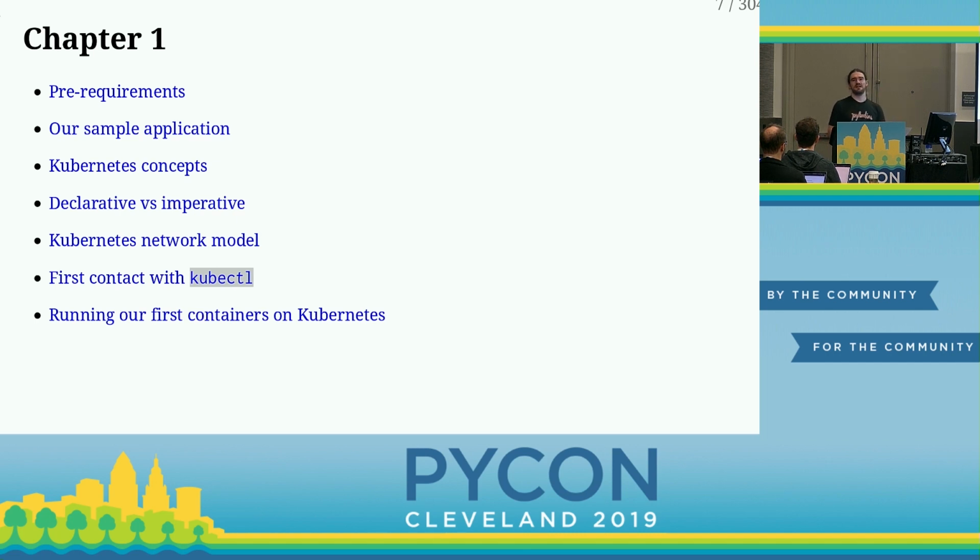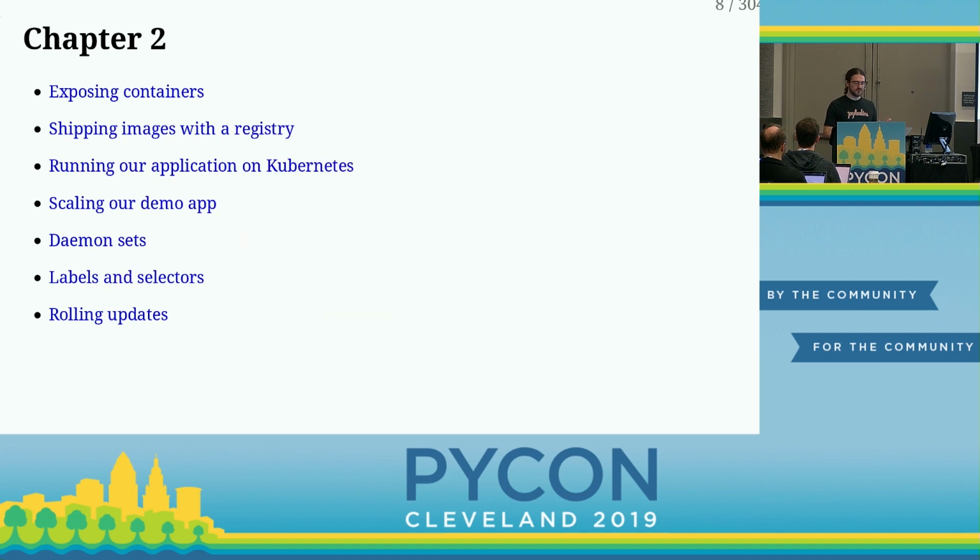I will quickly explain how networking works, and then once we're equipped with the theory, we will jump into the practice. We will do some things with kubectl, run a few containers on a Kubernetes cluster, see how to interconnect containers together. Then we will run the demo app on the Kubernetes cluster, and we will see 2 different ways to scale services.